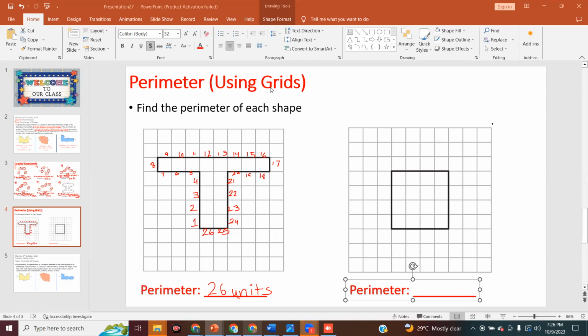Wow, a lot of different answers here. A lot of persons say 16. Some people say 20, some say 28, 19.